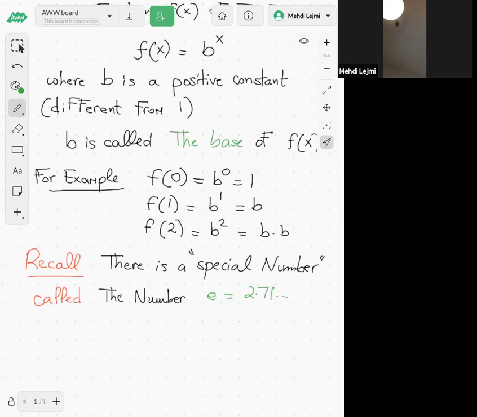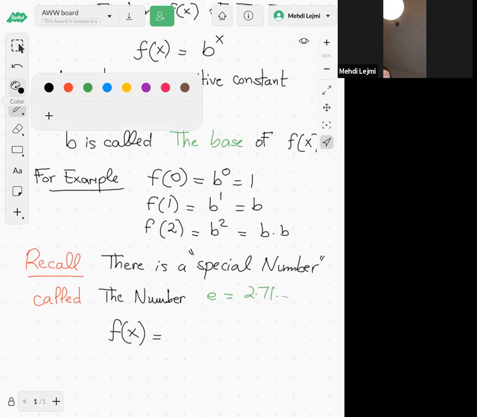And what's special about this number? As I said yesterday, we're going to see this later, like in Calc 1. If you take the exponential function with the base equal to e, then the derivative of the exponential function is going to be equal to itself. The exponential function with base b equal to e is called the natural exponential.